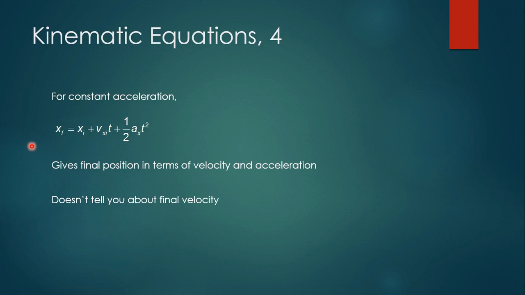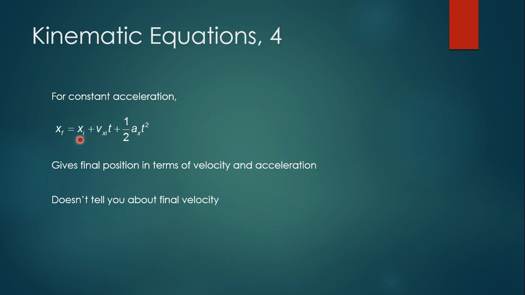Now this equation gives the final position in terms of velocity and acceleration. So xf is given as xi plus vxi t, the initial velocity into time, plus half ax t square. Now again remember, acceleration is constant in this case, and this is the formula we've studied as s is equal to ut plus half at square.